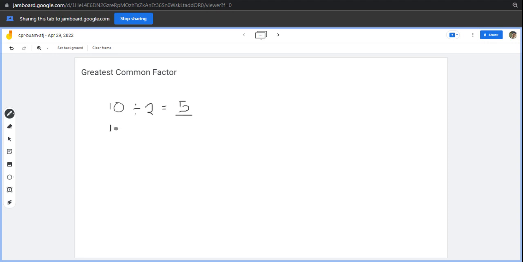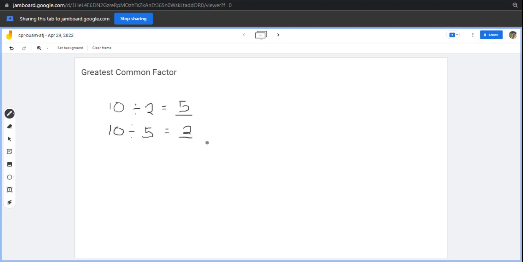Now, let's see another factor of 10. What number can be divided into 10 also? 10 can be divided into 5, diba? 10 divided by 5, the answer is 2. So we have the answer in 2.